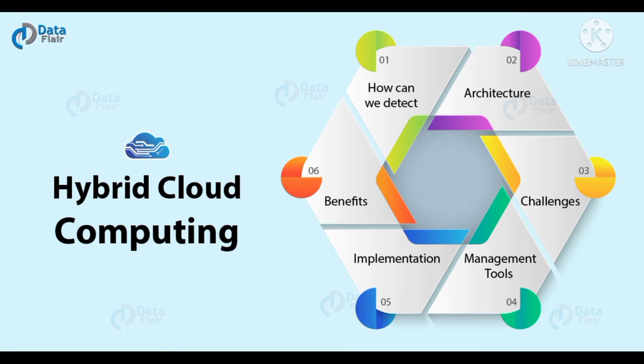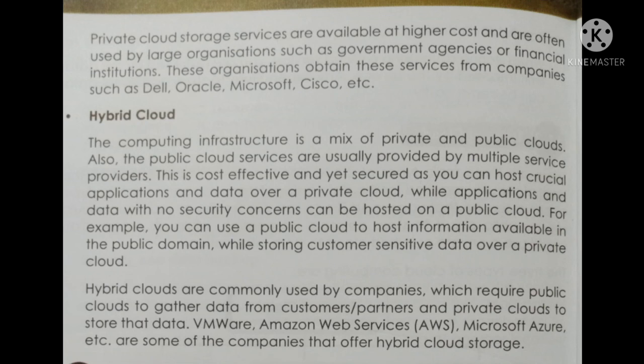Next, the third type of cloud is hybrid cloud. The computing infrastructure is a mix of private and public clouds. Also, the public cloud services are usually provided by multiple service providers.